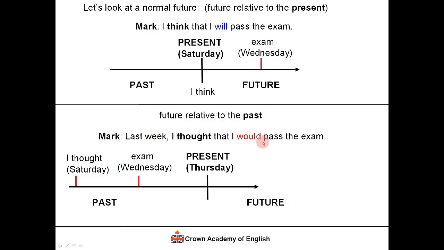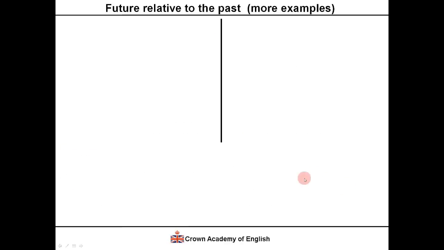Okay, hope that's clear. So would here is, yes, like a past form of will. It's future relative to the past, compared to the past. So would pass the exam is future compared to the first action. Let's look at two more examples.